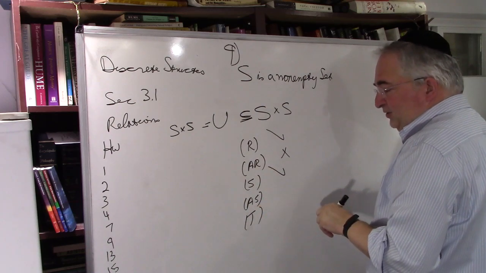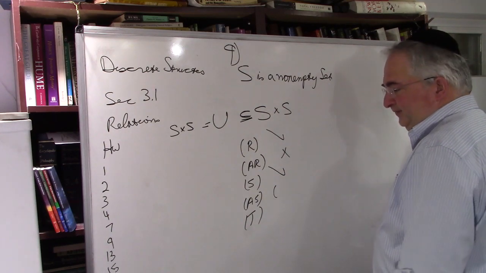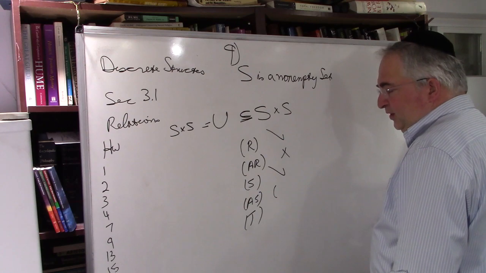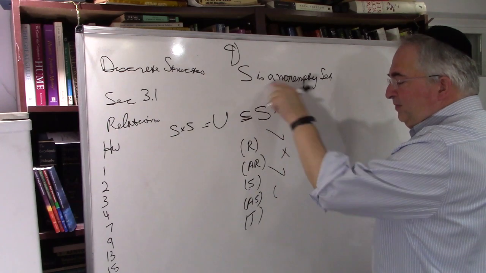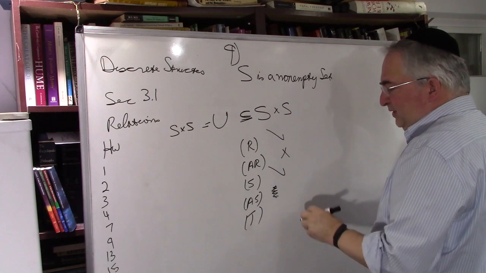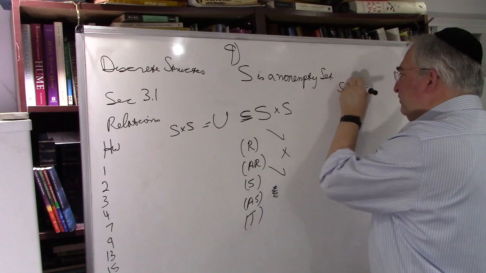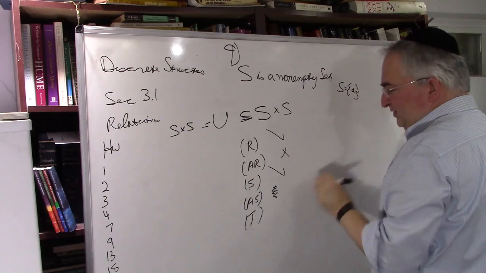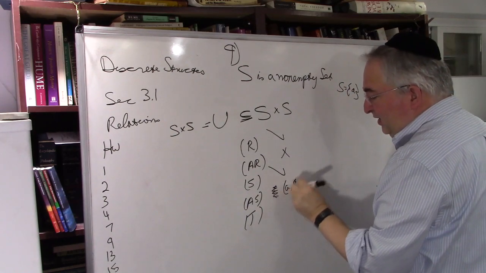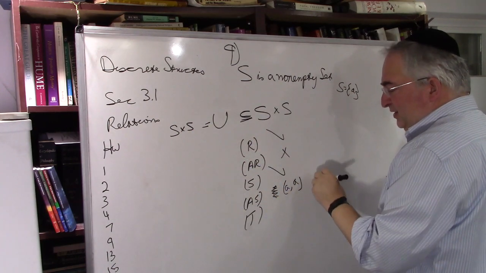Is it anti-symmetric? Well, that depends. It could be anti-symmetric if there's only one element here. Let's say S is equal to the set A. Then A comma A is the universal relation, and it is anti-symmetric.